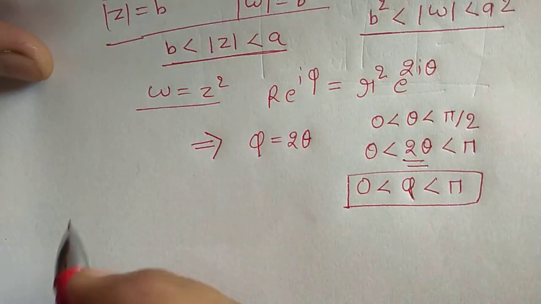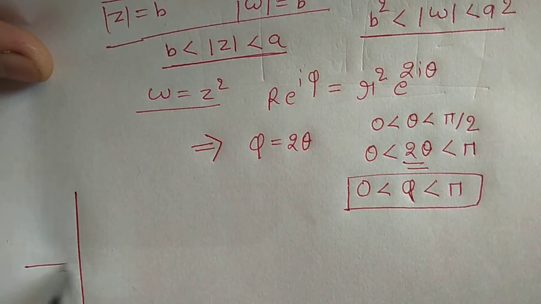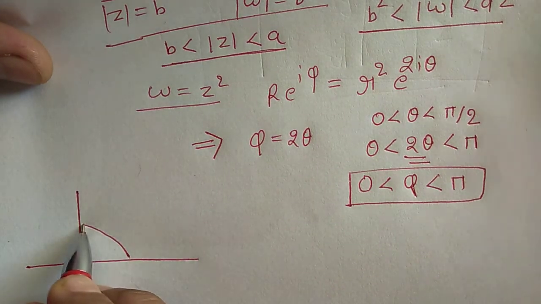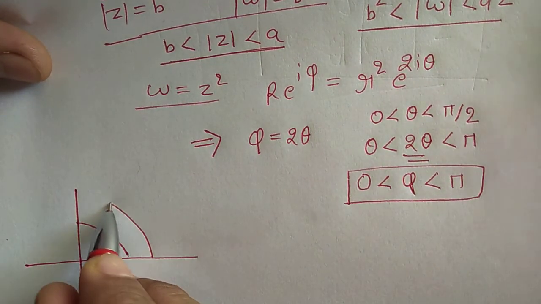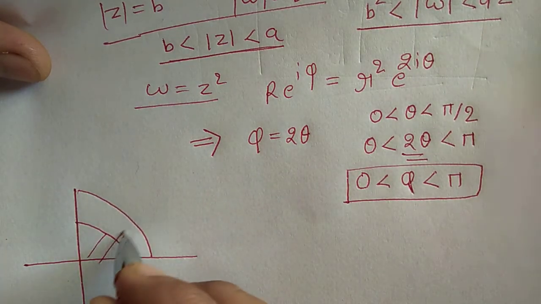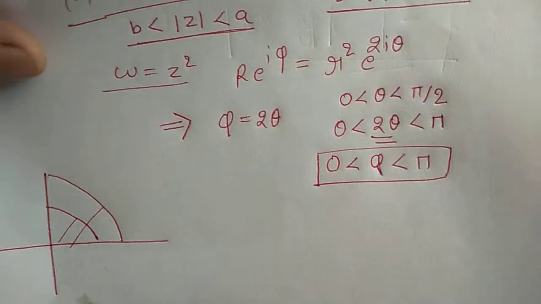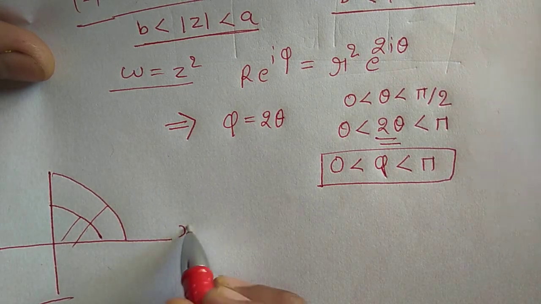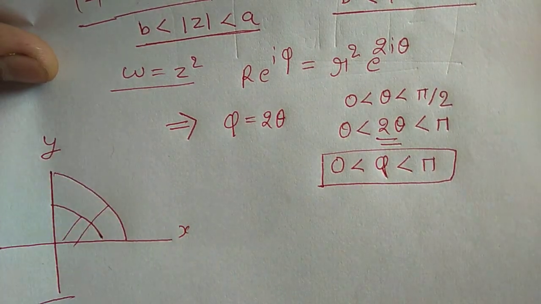So if you draw the curve, this is the A, this is the B. Now this is the curve in the Z plane.